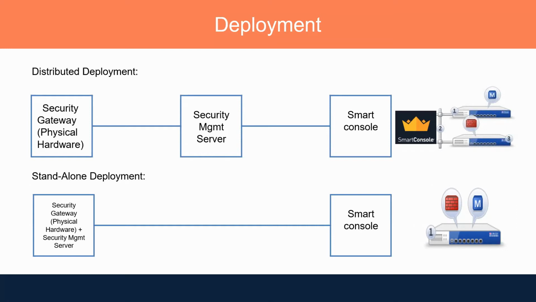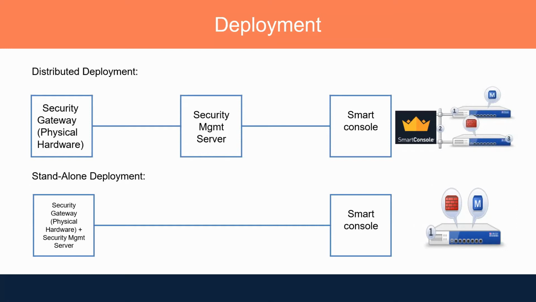These we can deploy on different devices. For example, we can purchase the security gateway from Checkpoint. We have different types of security gateway models. We can purchase the security gateway and the security management server from Checkpoint, and the SmartConsole is just client software that we can download and install on any Windows machine.